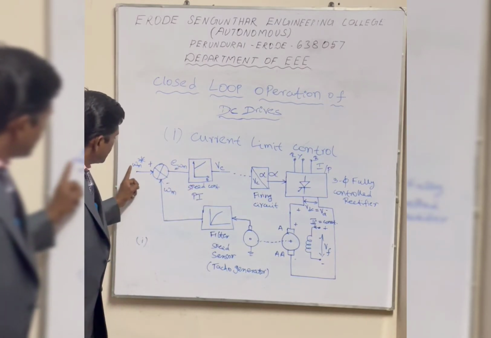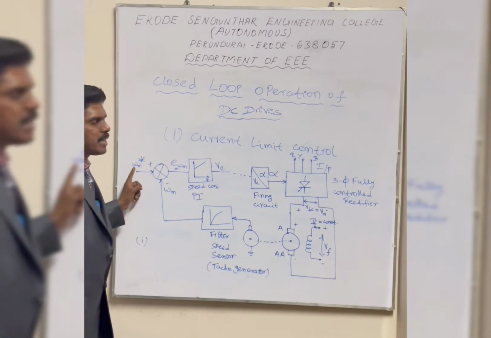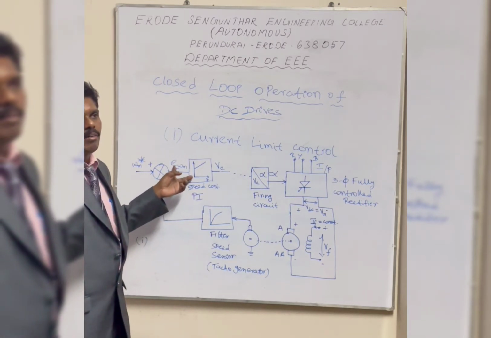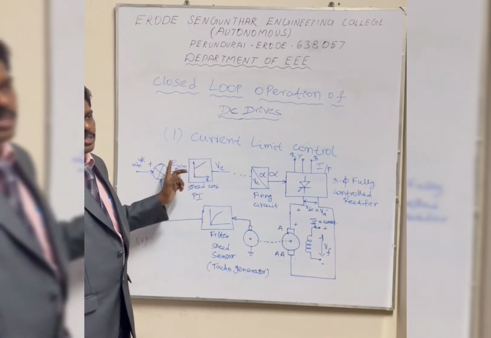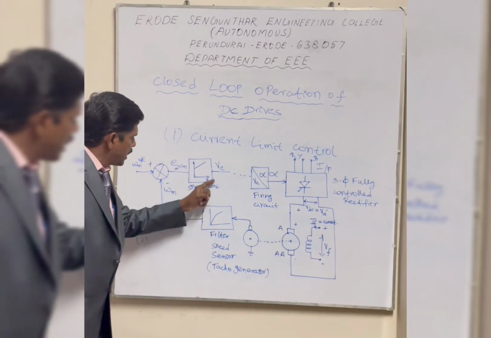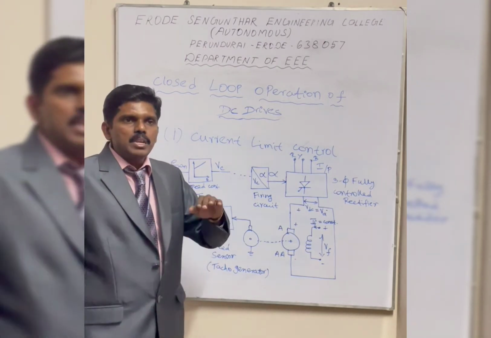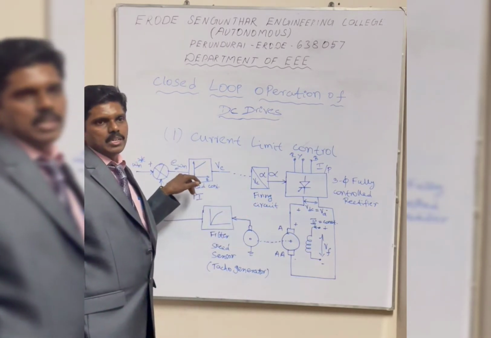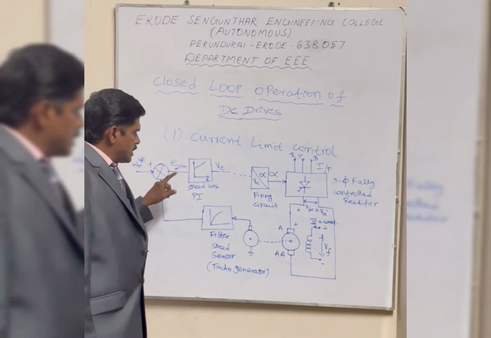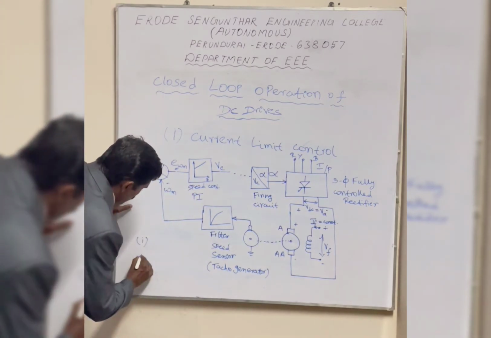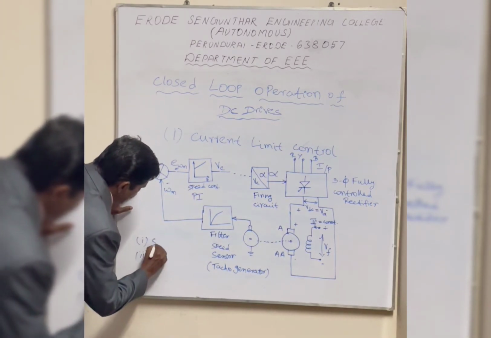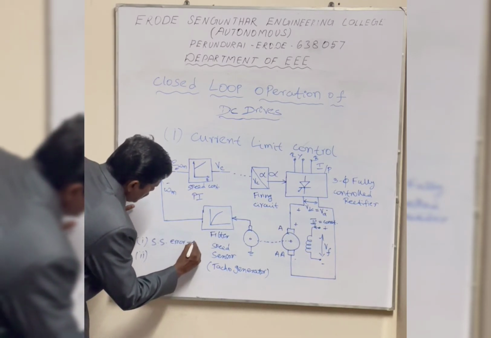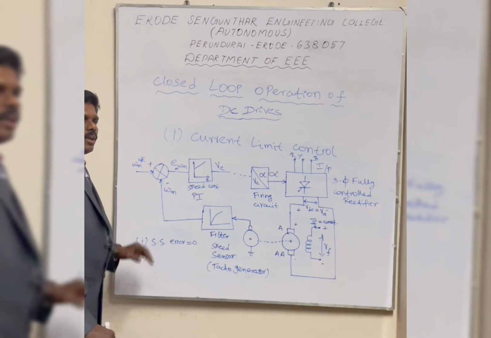It is the difference between the reference speed, that is the desired speed, and the actual speed, called the speed error. The PI controller is used to minimize this speed error to nearly equal to 0. That is the first function.